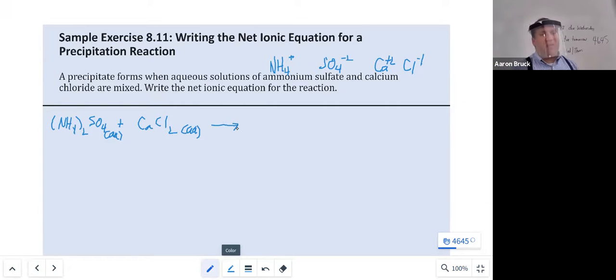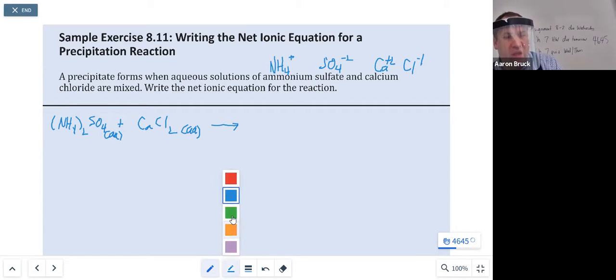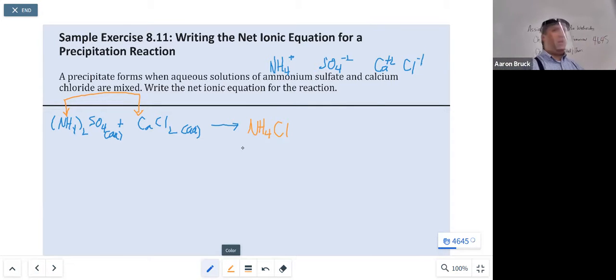This is a double replacement reaction. Remember, double replacement reactions, we are going to see cation switching. So the ammonium ion is going to switch sides with the calcium ion. I end up with NH4, which has a +1 charge, and chlorine, which has a -1 charge, +1 and -1.